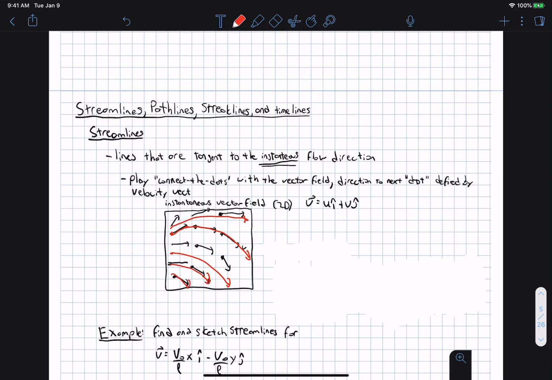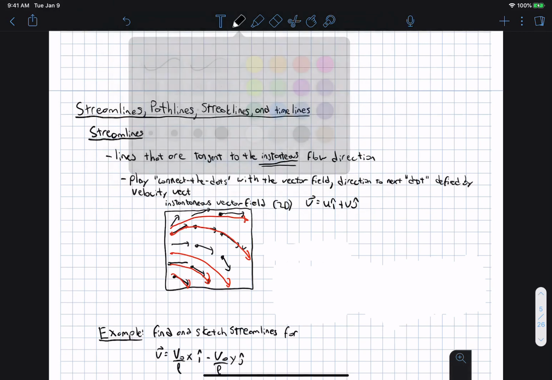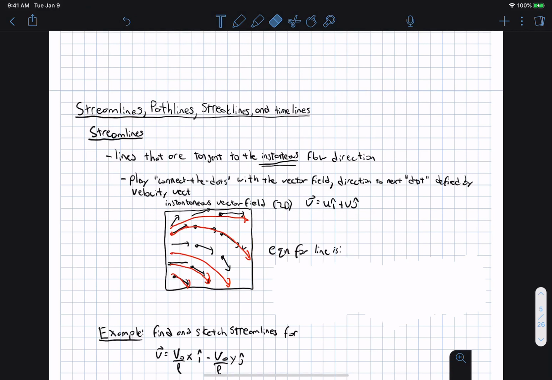That's great graphically, but how do we find them mathematically? Well, we use the strict definition. The equation for a streamline is given by dy/dx for the streamline is defined to be in the direction of the velocity vector.